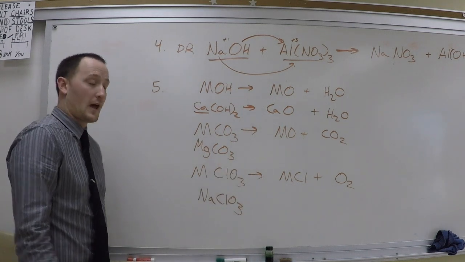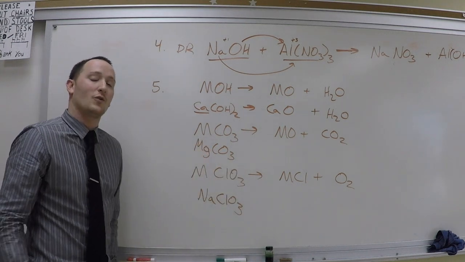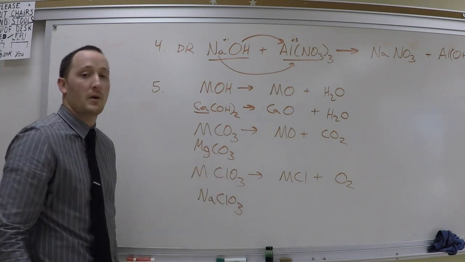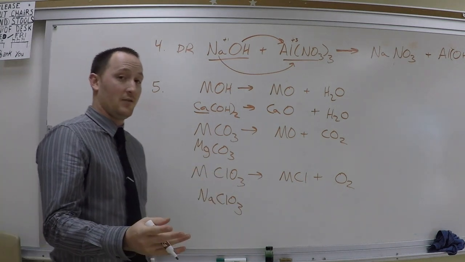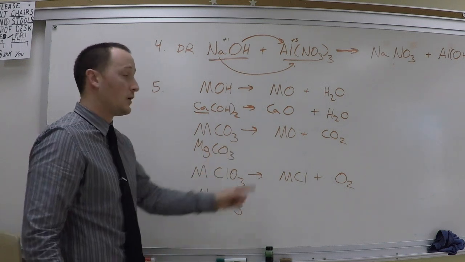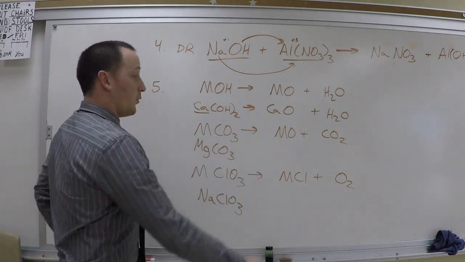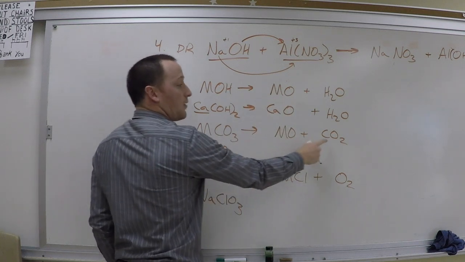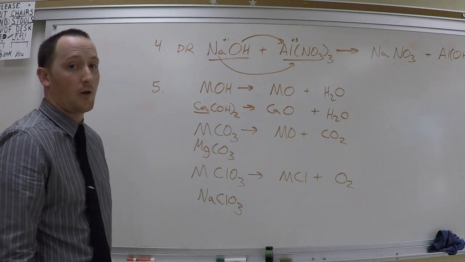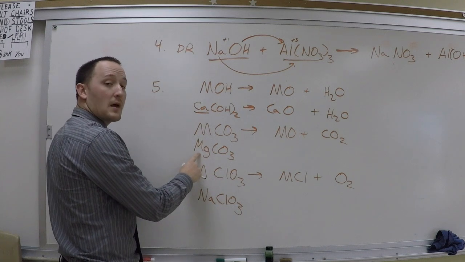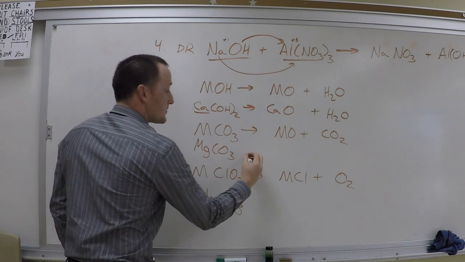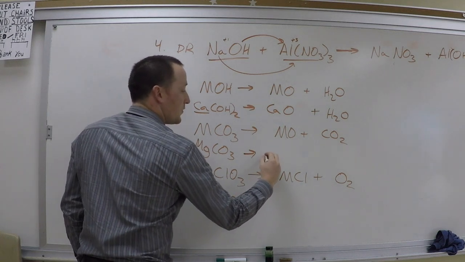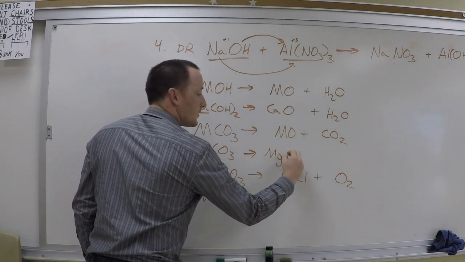Next thing we're going to look at is the decomposition of what's called a metal carbonate. Now again, this could be any metal. It could be calcium carbonate, sodium carbonate, any of those. But it's always going to follow this pattern. It'll always form a metal oxide, just like in the last one, except now we're going to form CO2 as well. So, because my metal is magnesium, this is going to decompose into the metal oxide.